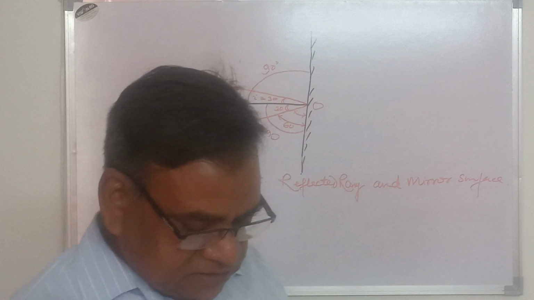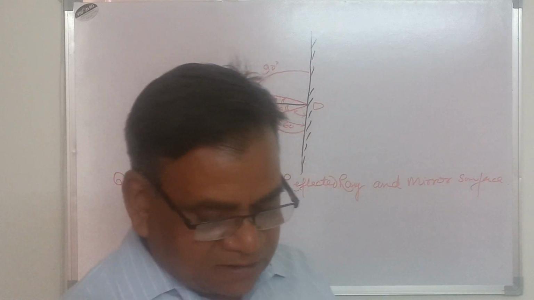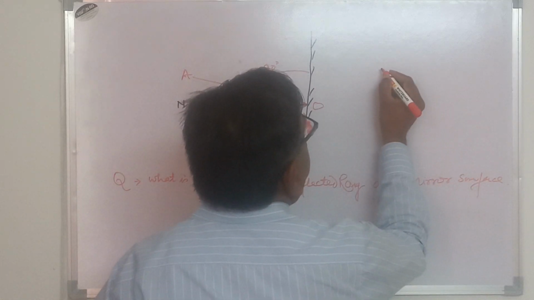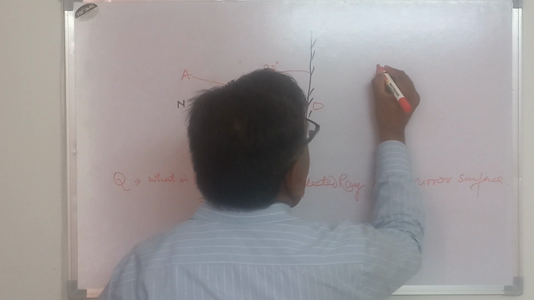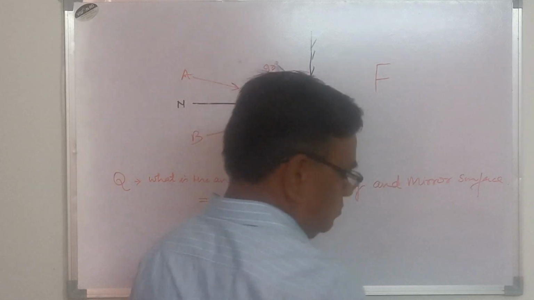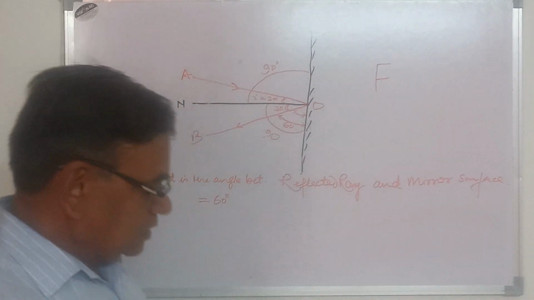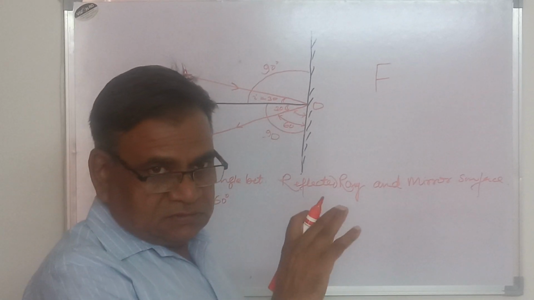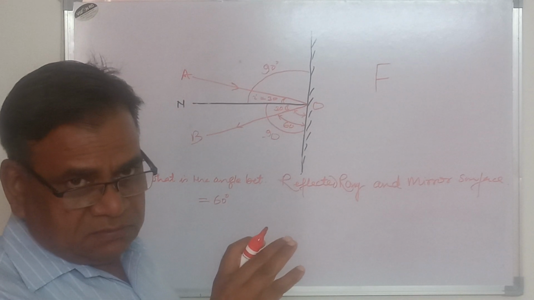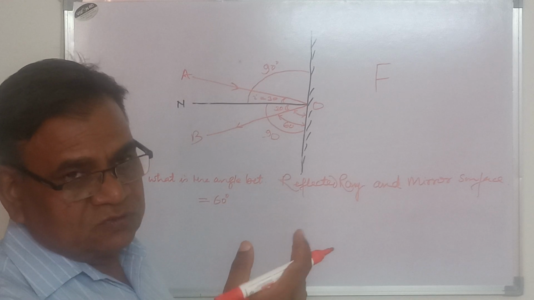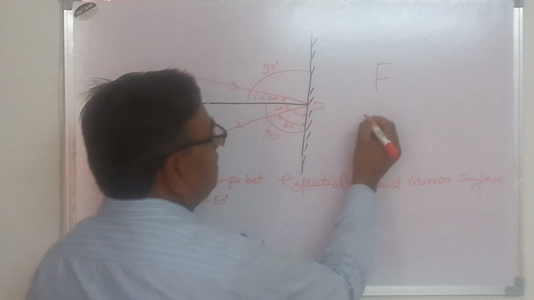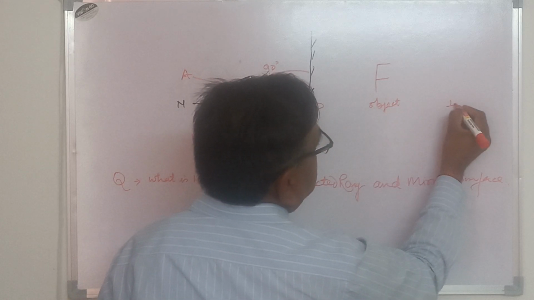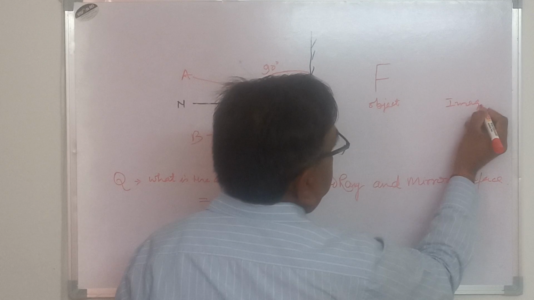The letter F is placed in front of a plane mirror. Lateral inversion, you have read. If you put F before a mirror, due to lateral inversion, it will look like this: this is the object, this is the image in the mirror.